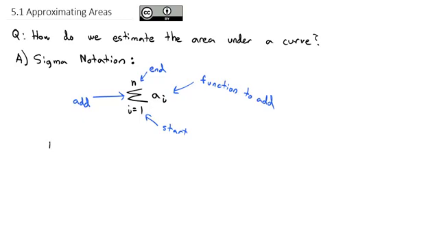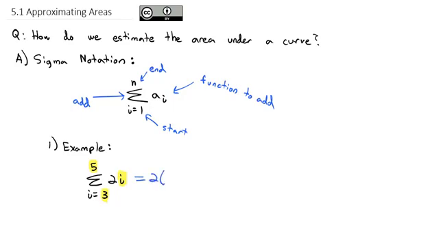So for example, if I wanted to find the sum as i goes from 3 to 5 of 2i, what that means is the variable i is going to be replaced with everything counting from 3 all the way up to 5. In this case, 3, 4, and 5.